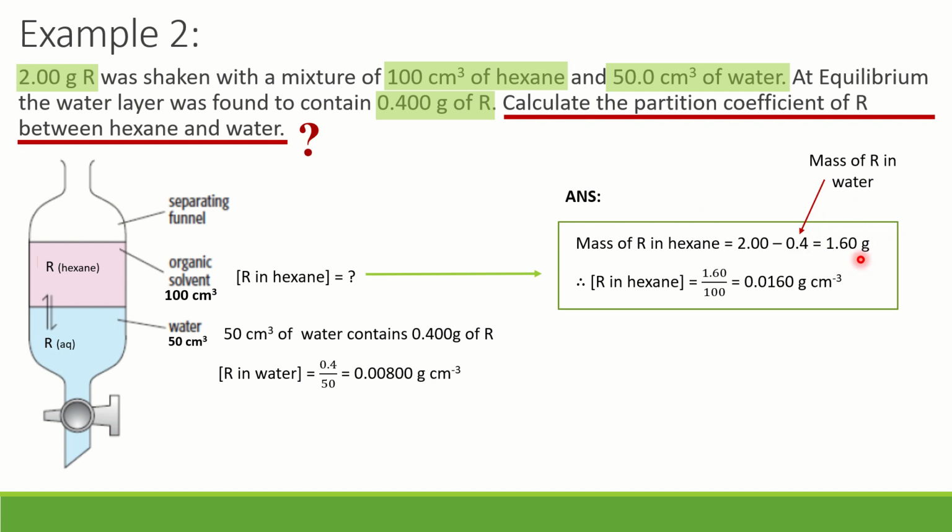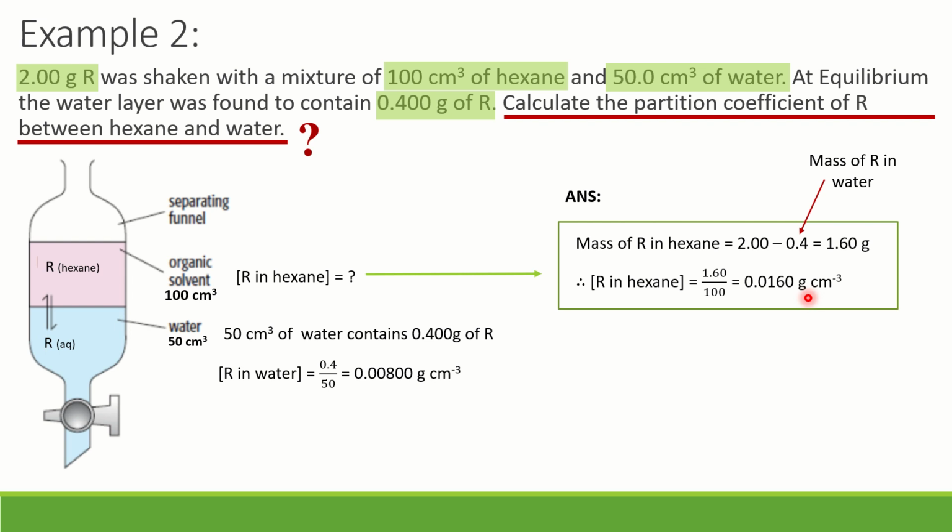So this 1.6 grams is the amount that dissolved in your hexane. What's the volume of hexane? 100 cm cube. Therefore, the concentration of R in hexane will be 1.6 divided by 100, which is 0.0160 gram per cm cube.